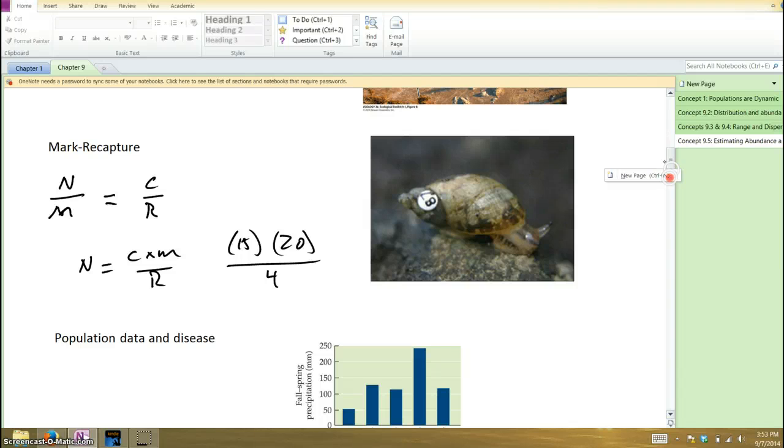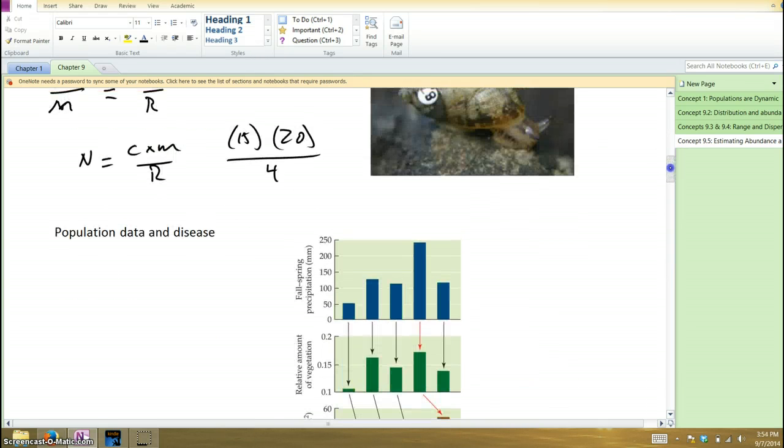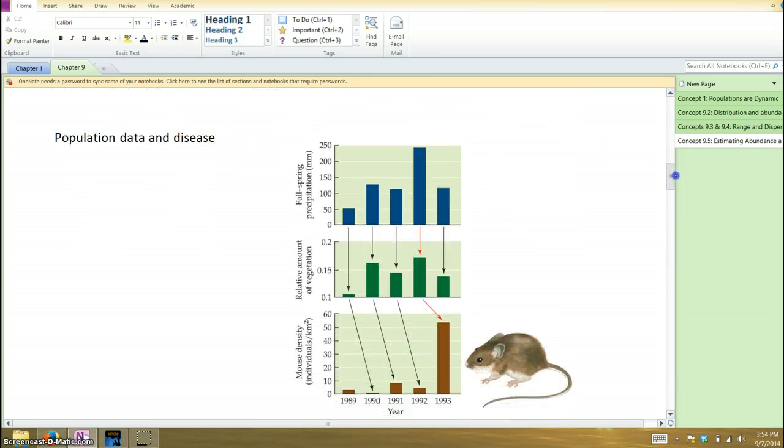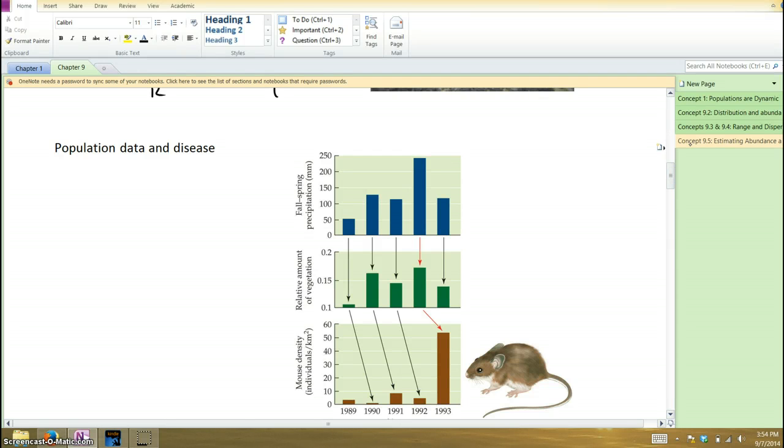Okay, so here we go. Now, here's an example of a population study which had some particular relevance in the southwest United States. People were studying these populations of deer mice, and the populations would fluctuate somewhat, which of course is perfectly natural.